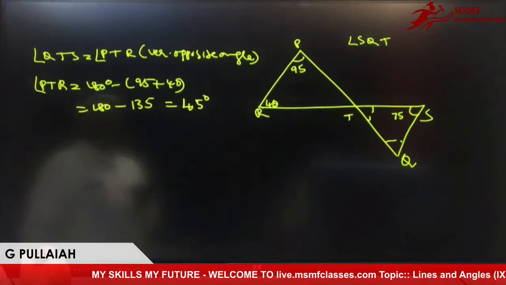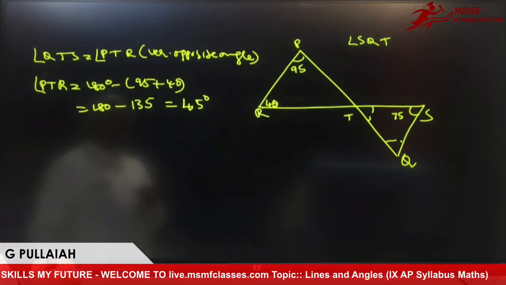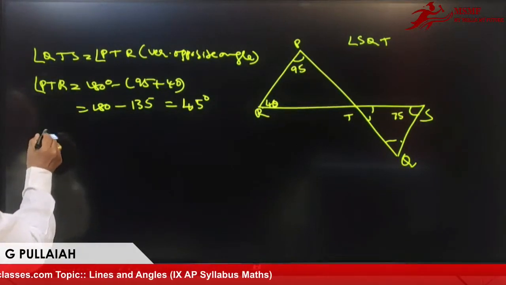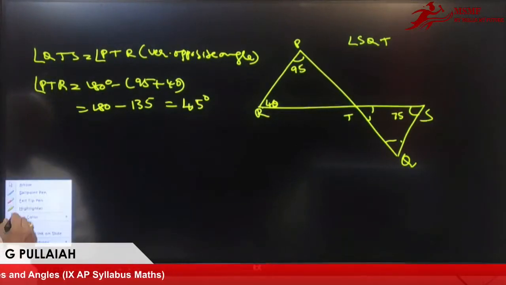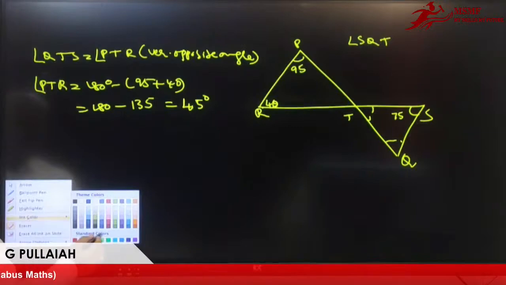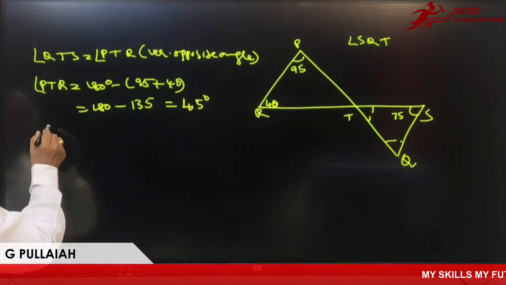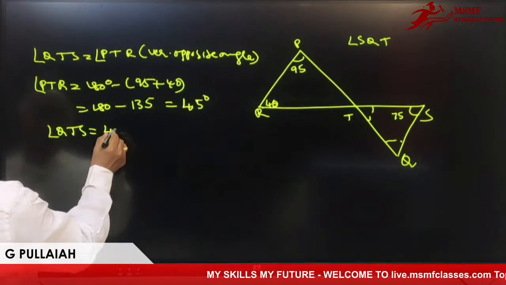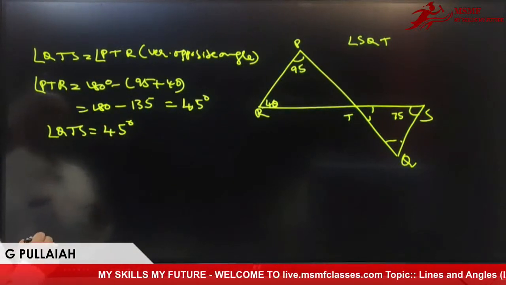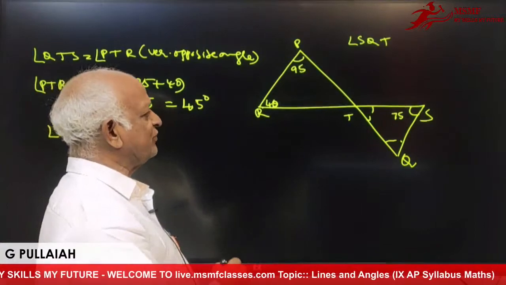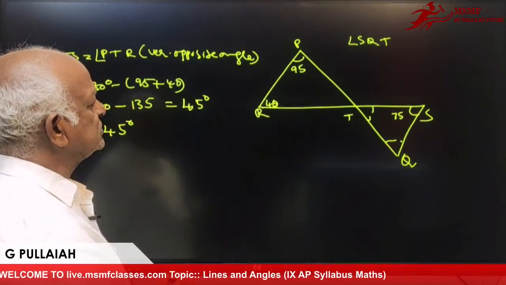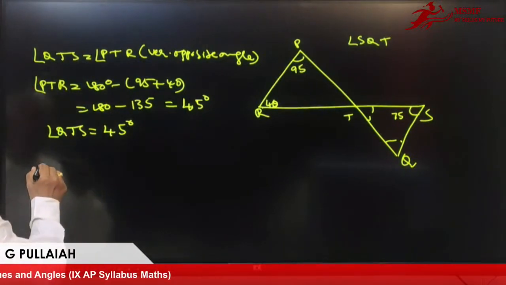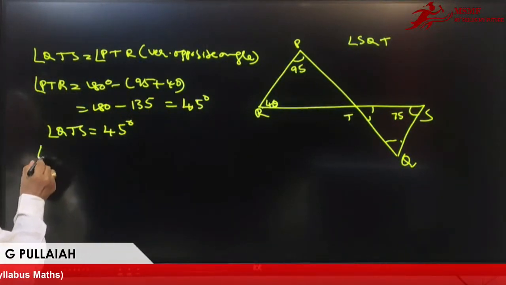So PTR is equal to 45 degrees. Therefore QTS is 45 degrees.